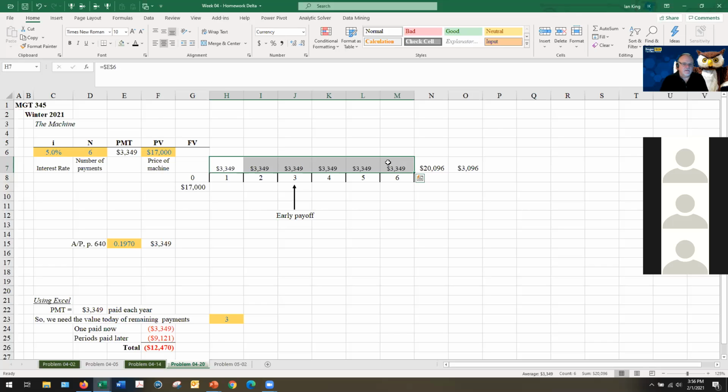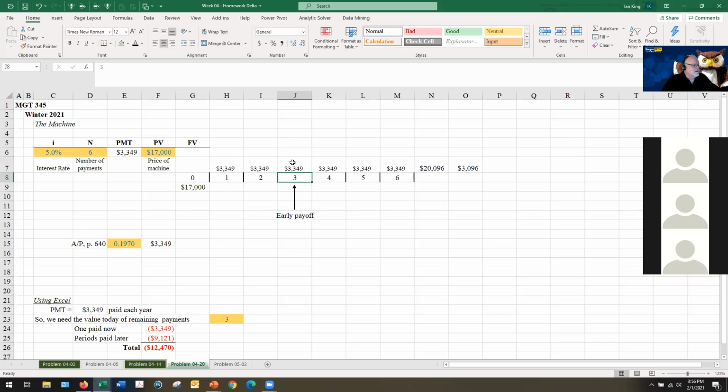Couldn't you just do a future value calculation at year 3 and get the same answer? Say, what is the future value of, if I said with that payment of $33.49, 5% interest, what's the future value at the end of year 3? The present value is $17,000.